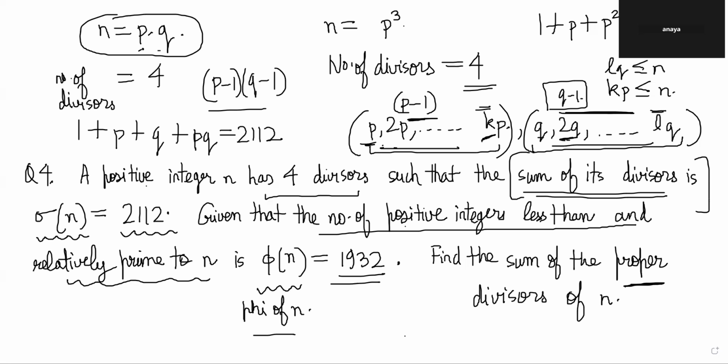So maybe we should look at some smaller numbers to get the pattern. For example, let's say n is a product of two primes, let's say 7 into 11, 77.